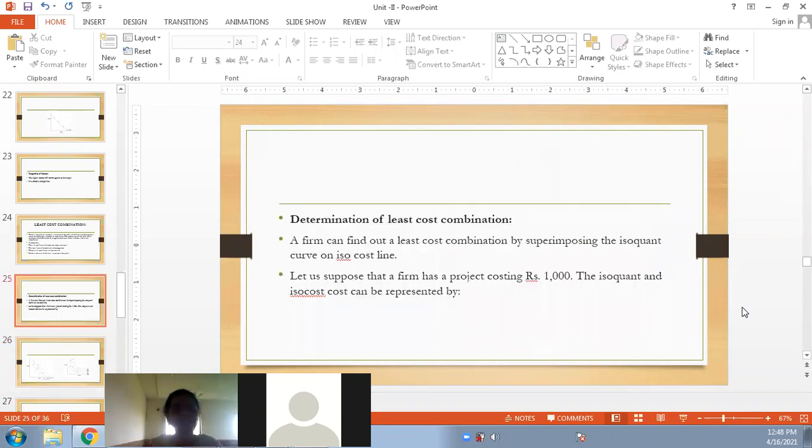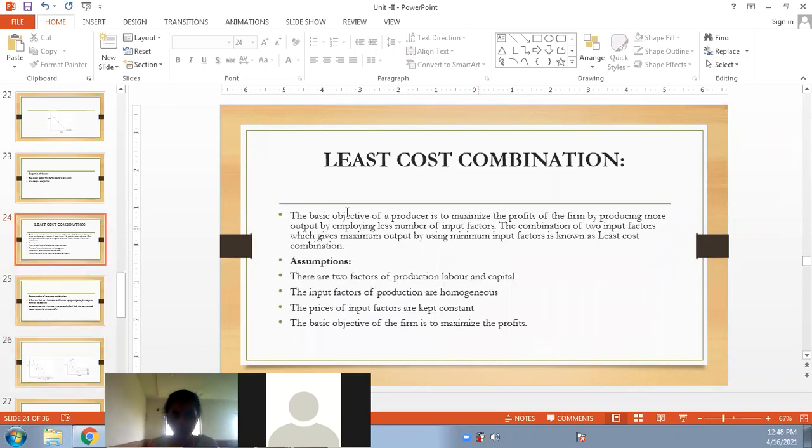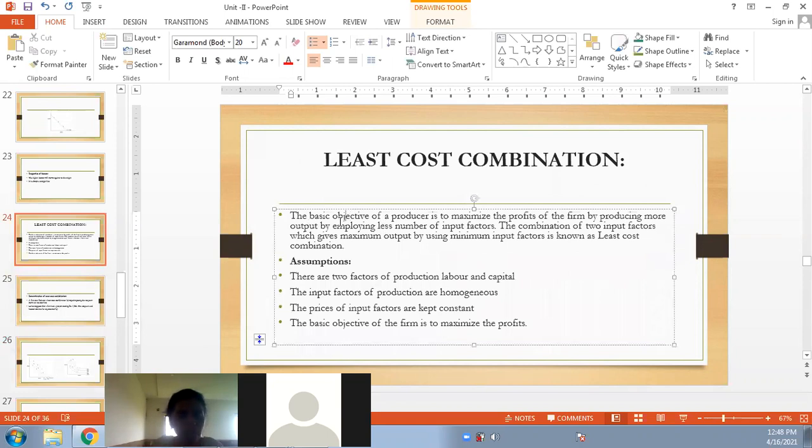Now let us see the basic explanation for least cost combination. The basic objective of a producer is to maximize profit, as we just said. Maximization of profits of a firm by producing more units, more output, by employing fewer input factors. How can we maximize our profit? By using less input, but still extracting more output. The combination of two input factors which gives the maximum output.